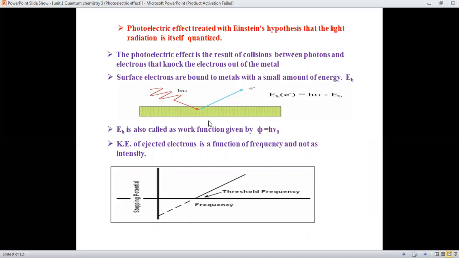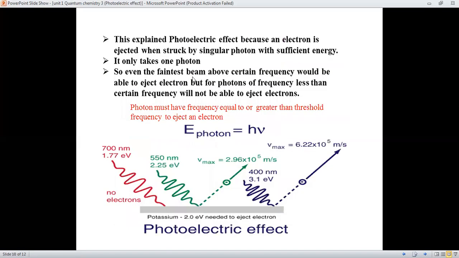This is how it was explained that the kinetic energy of the ejected electron depends upon the frequency, and there is a certain minimum frequency below which no electron will be ejected from the metal surface. So Einstein explained the photoelectric effect very well.